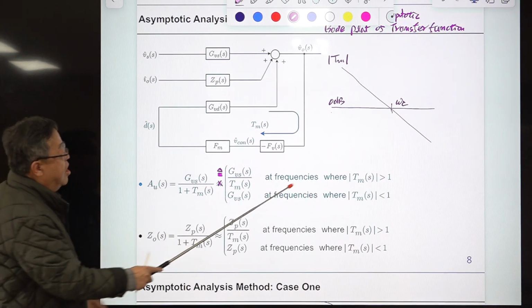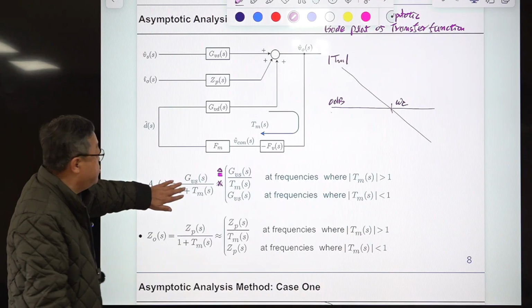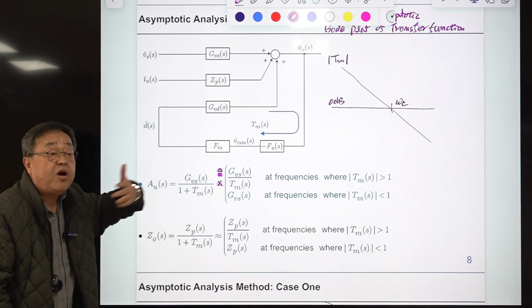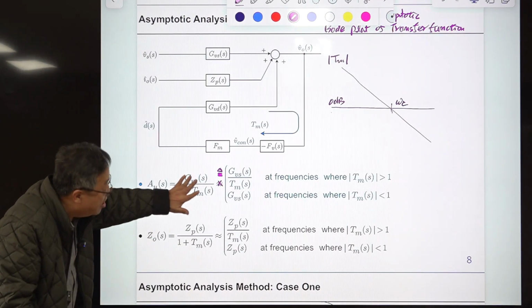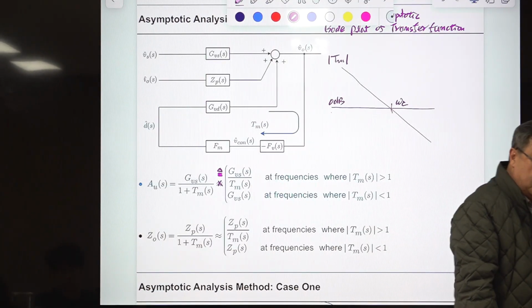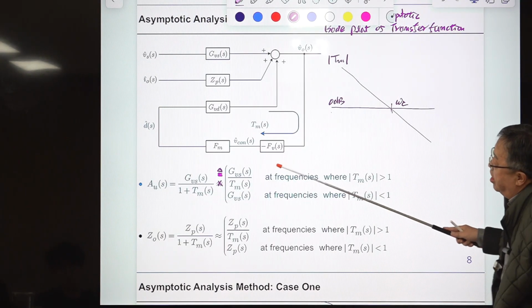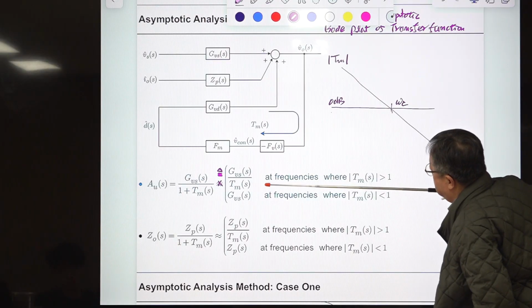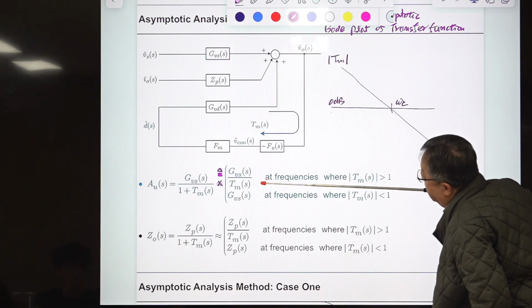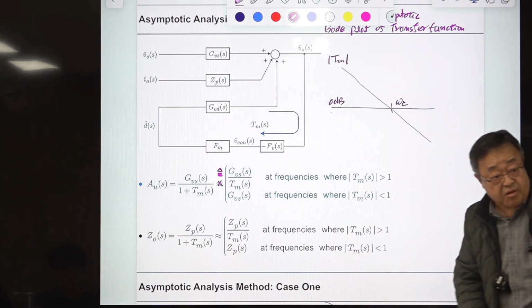If TMS is much larger than 1, that is obvious to ignore this, okay? But here we are ignoring this as long as this one is larger than this. Slightly larger than this is okay, all right? If they are not the same, then we use this, and for this frequency range, this one is expressed like this, we drop this, okay?